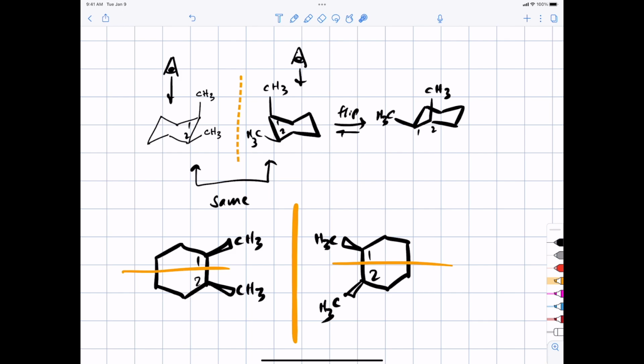If you can't see that, that's okay, because you should really not try to do this problem with the chairs. You should instead draw the molecule as it's seen from above, and there it becomes obvious that this is not a chiral molecule. But yes, the way you can demonstrate that is there is rotation around carbon-carbon bonds in a 6-membered ring.